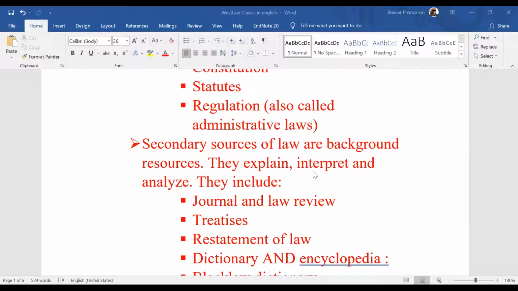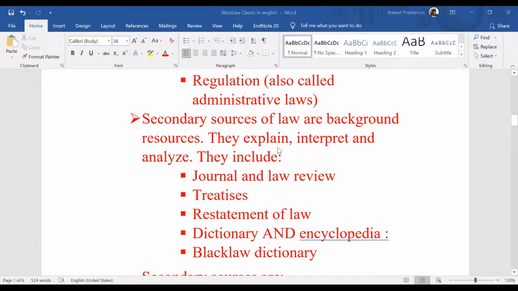So they talk about environmental law in general language, and analyze environmental law in Japan and environmental law in another country. They pick up some points and analyze for you. So we call this the secondary source.